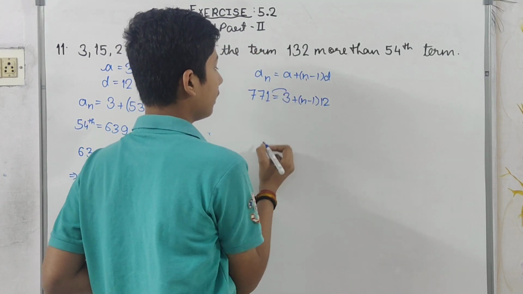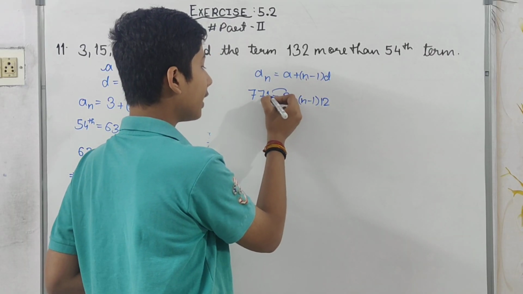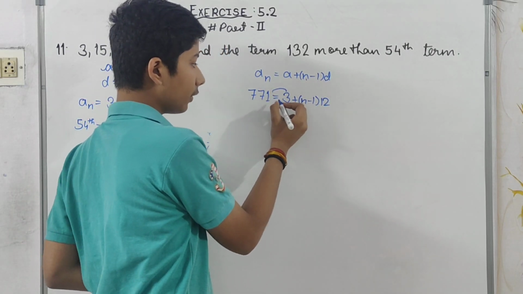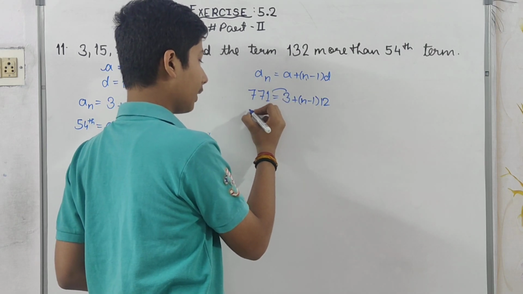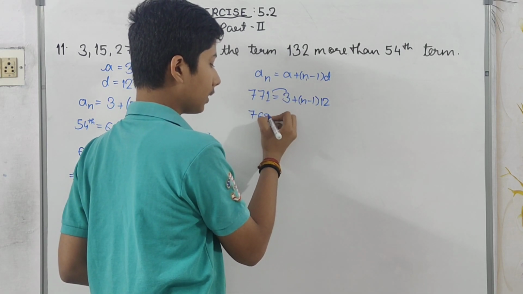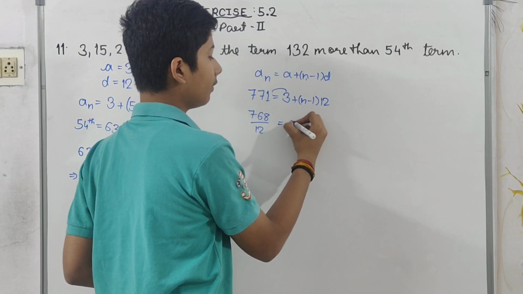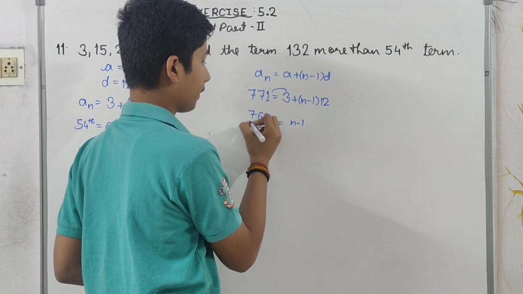Now we'll subtract this and send it that side, so it will go from addition to subtraction. So 771 minus 3 is 768, divided by 12 because we'll send it that side, it will be n minus 1.